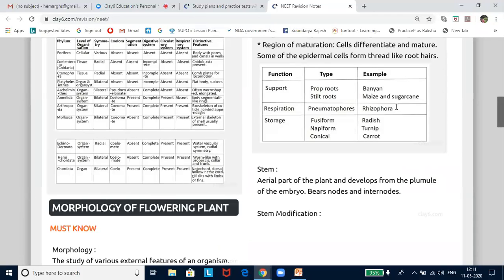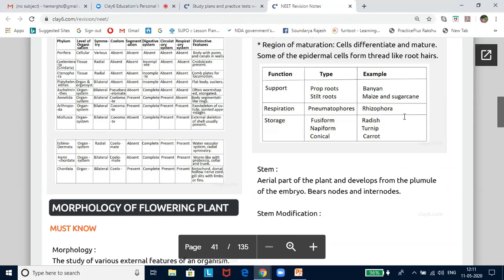If you look at Rhizophora mangle, it is living in a marshy area, and as a result its roots in the soil are not able to get oxygen. So what it does is it starts growing roots that face the atmosphere. Please understand this. Roots are positively geotropic and negatively phototropic.